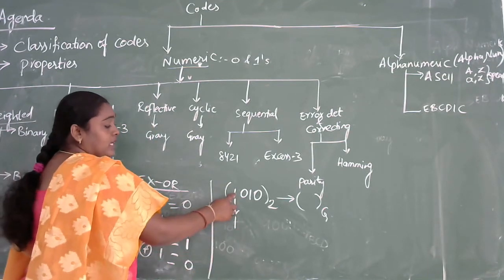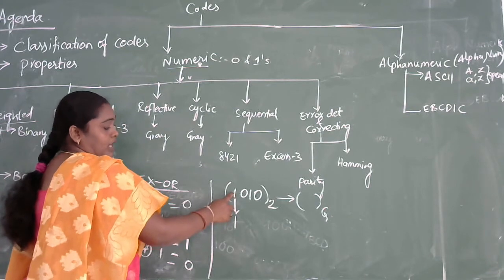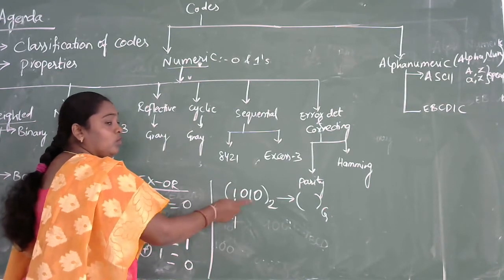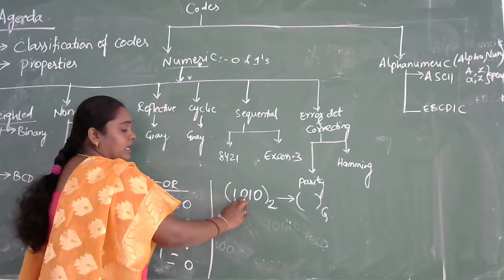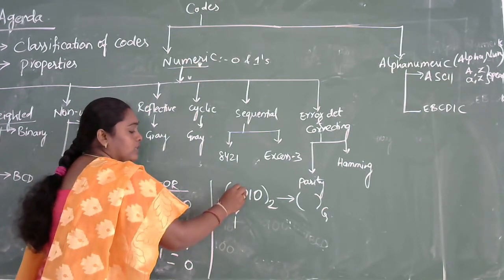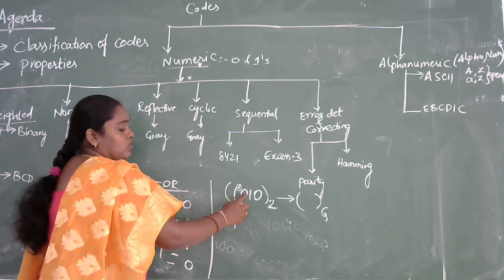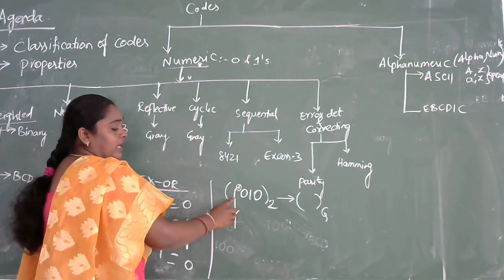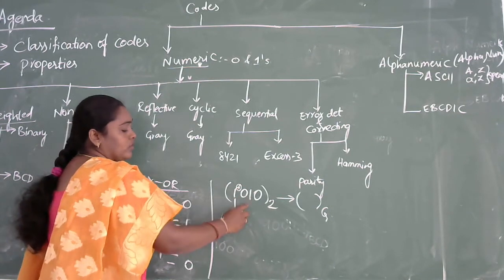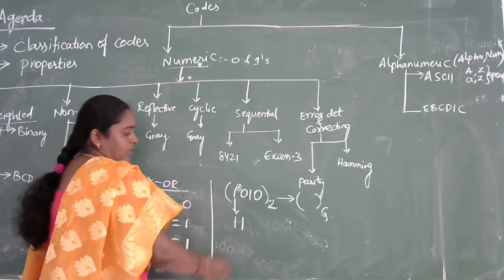Then the second step is to perform the XOR operation for two consecutive digits. The first digit is 1, the second digit is 0. 1 XOR 0: if I am performing the exclusive OR operation for these two digits, I have an odd number of ones, so the result is 1.